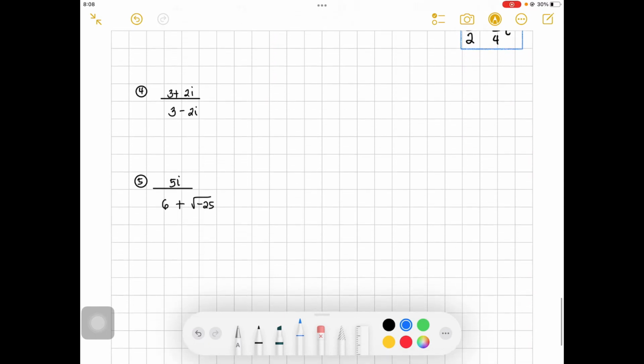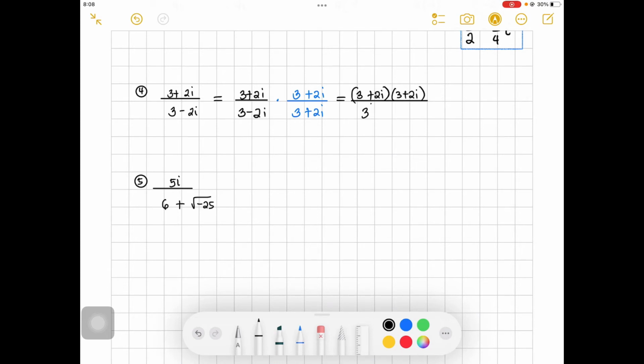Number 4. 3 plus 2i over 3 minus 2i. Again, we multiply the numerator and the denominator by the conjugate of the denominator. We multiply. The denominator is a product of a complex number and its conjugate.